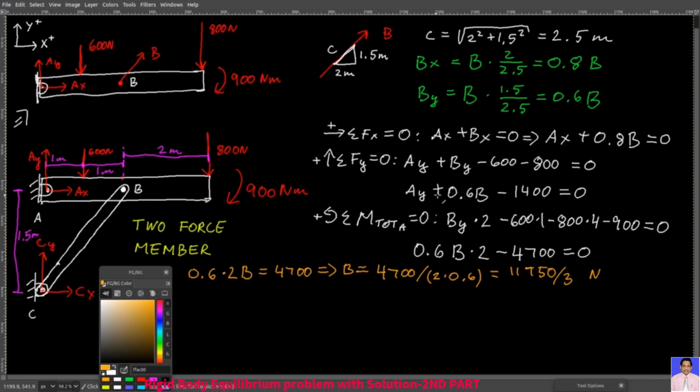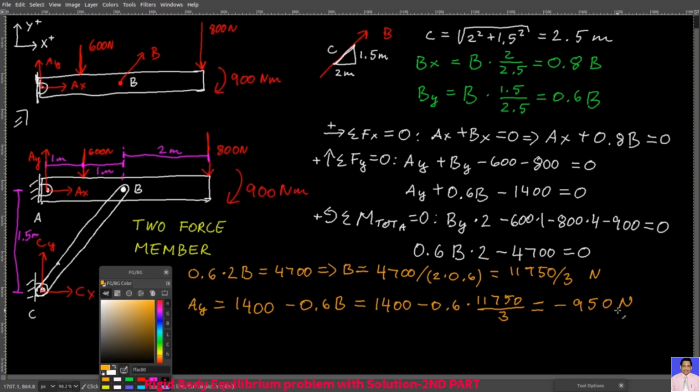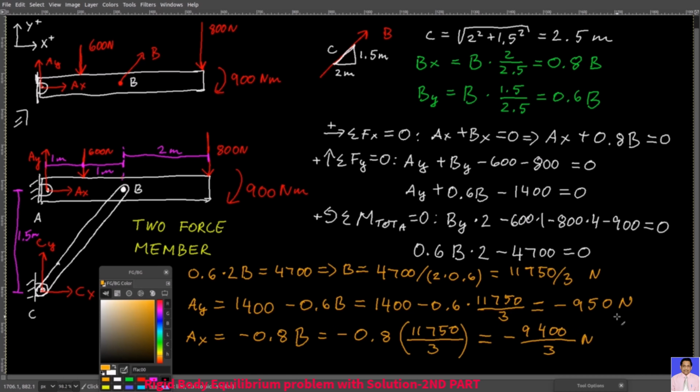Then from the second equation, you have Ay equals 1400 minus 0.6 times B, which is this one, and that's your Ay, minus 950 Newtons. And then from the first equation, Ax equals minus 0.8 times B, which gives you this result, or this one here. And there you go, you have the answers.